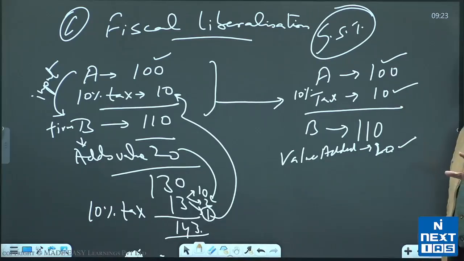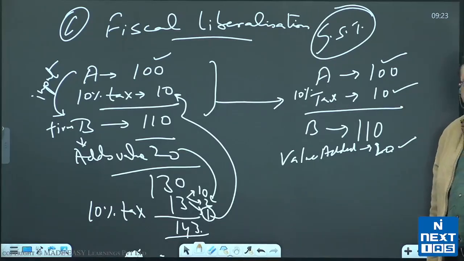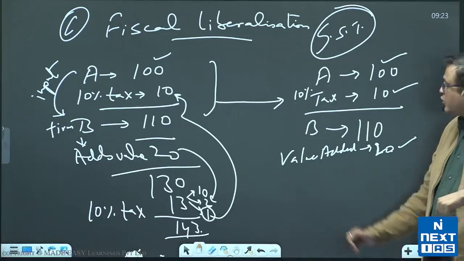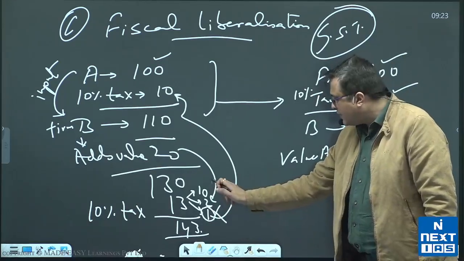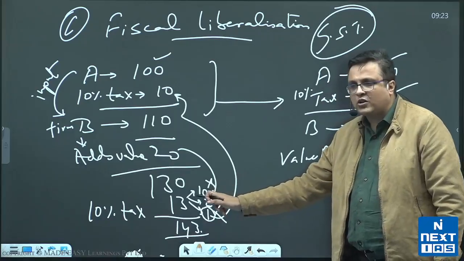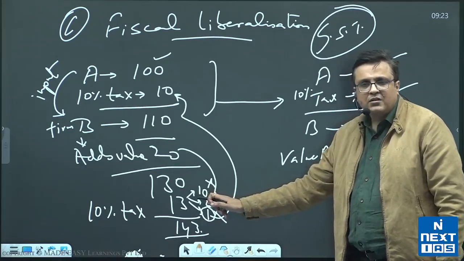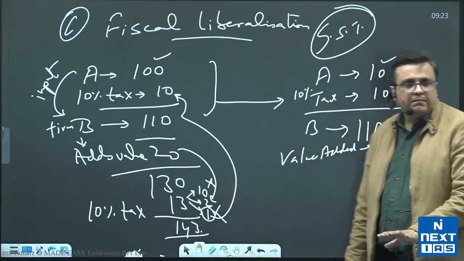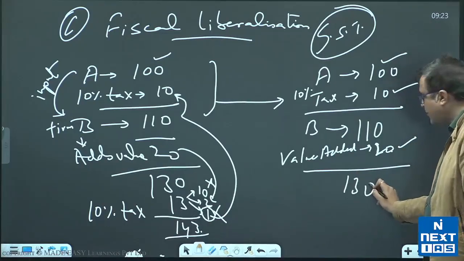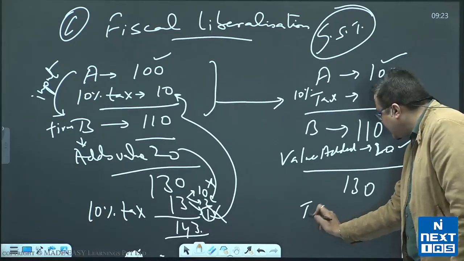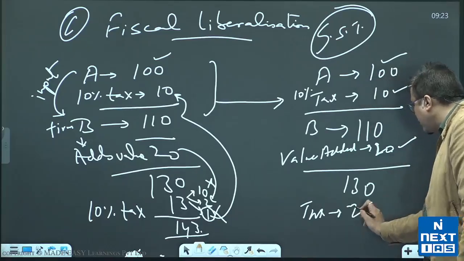B knows that I have to pay a tax 12, out of which 10 will be refunded to me. Since 10 will be refunded to me, this extra 1 is not needed. And 10 will be refunded to me, so I don't need to pass on this pressure to the consumer. So end of the day, there is a 130 rupees worth of commodity, but B adds a tax of only 2 rupees on it, no?